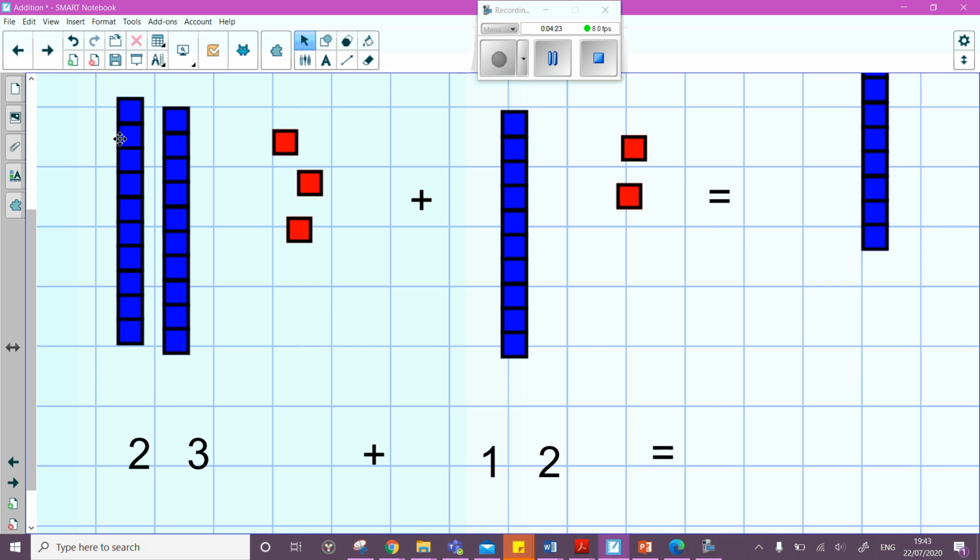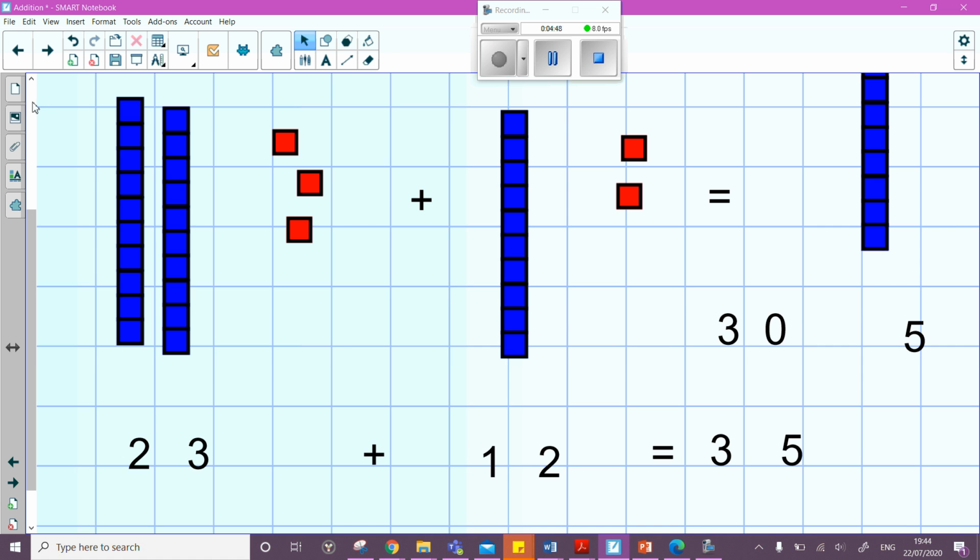So let's count in the tens first. 10, 20, 30. So I could just jot down 30 here somewhere. And then how many ones? 1, 2, 3, 4, 5. 5 ones. So 3 tens or 30 and 5 ones. If I added those together, I have got 35.